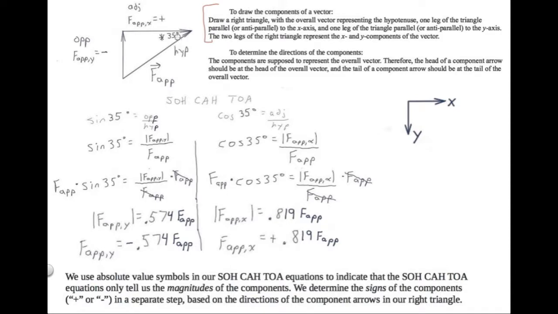Because the overall vector is pointing up and to the right, our components point up and to the right. The x component of the applied force is pointing to the right, our positive x direction. So this x component is positive. The y component of the force is pointing up. Based on our axes, that's the negative y direction. So this y component is negative.